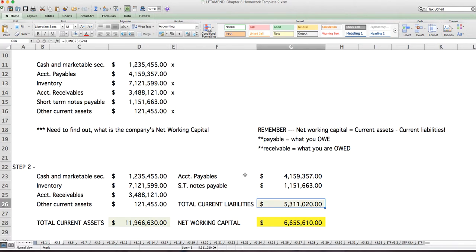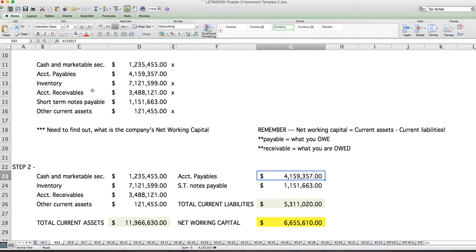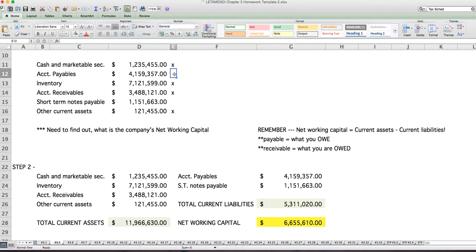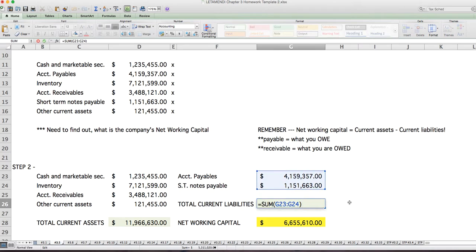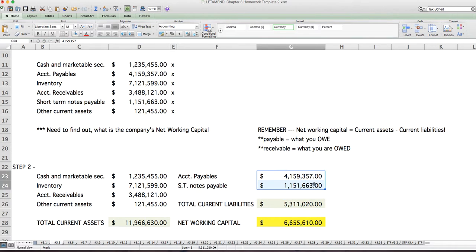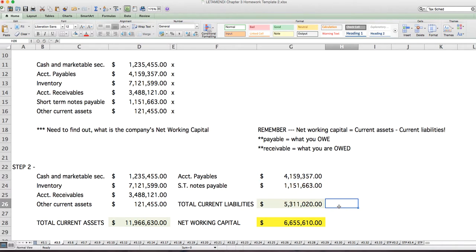Now we can work on the liabilities. Our accounts payable, we have here accounts payable, okay, and then we also move short-term notes payable down here. So our total liabilities is basically just adding these two, and that's it. And our total liabilities comes out to 5.3 million. So in order to identify the net working capital, the only thing that you do, remember here, current assets minus current liabilities.